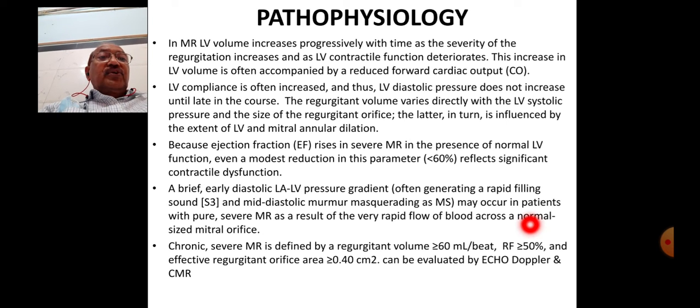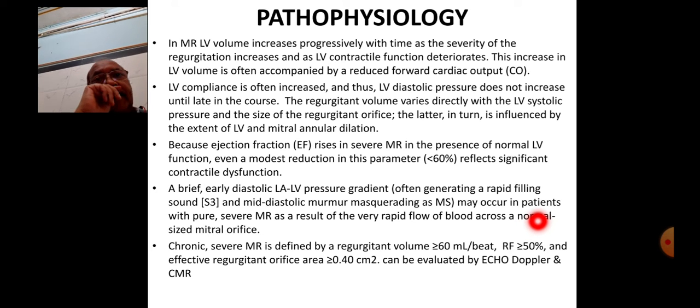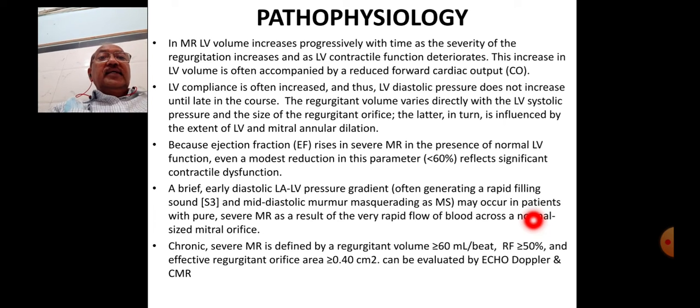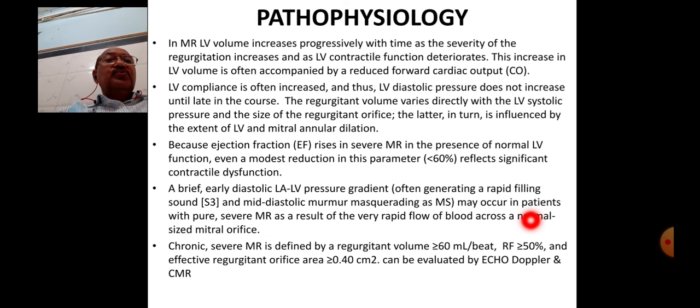Pathophysiology in mitral regurgitation: LV volume increases progressively with time as the severity of regurgitation increases and as LV contractile function deteriorates. This increase in LV volume is often accompanied by reduced cardiac output. LV compliance is often increased, and thus LV diastolic pressure does not increase until late in the course.